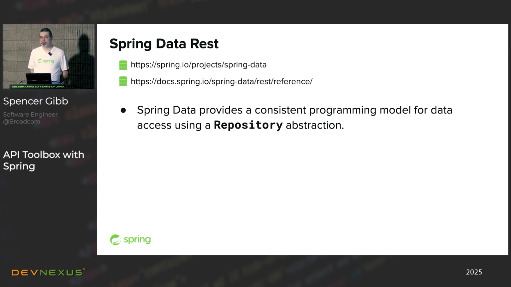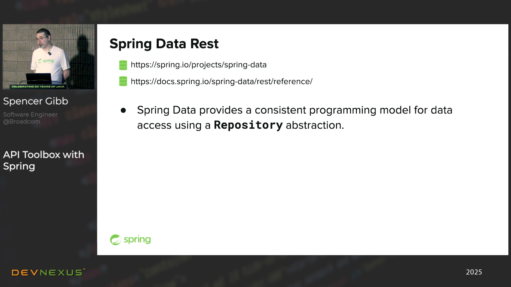Okay. So Spring Data provides access to various database technologies, whether that's SQL or NoSQL, it runs the gamut. Its job is to provide easy access to that data for you. But there's a sub-project called Spring Data REST. The abstraction in Spring Data that you use is called a repository.